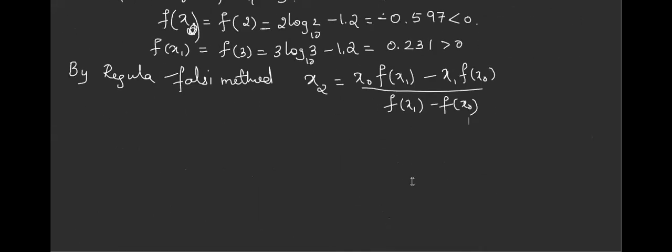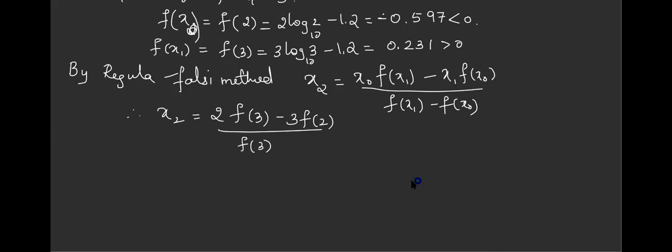Now just substitute the values. x2 will be, what is my x naught? x naught is 2, x1 is 3. So 2 into f of 3 minus 3 into f of 2, divided by f of 3 minus f of 2.